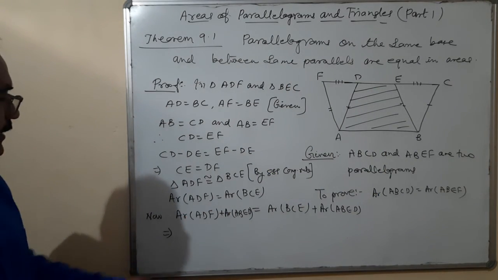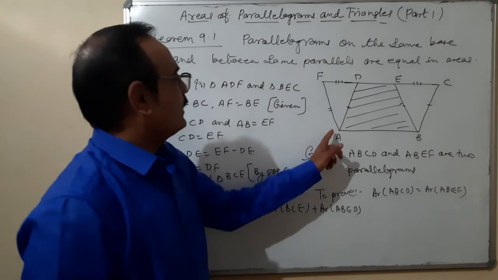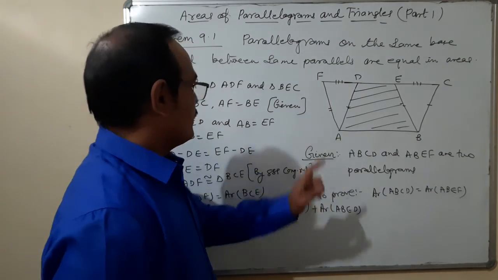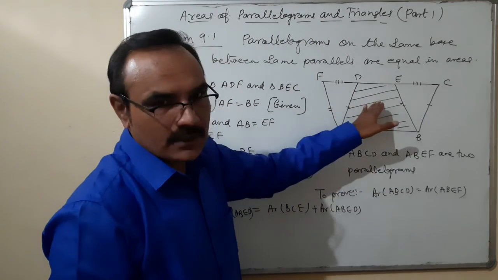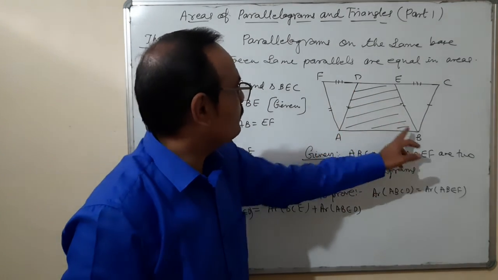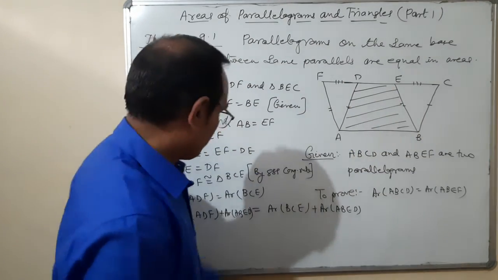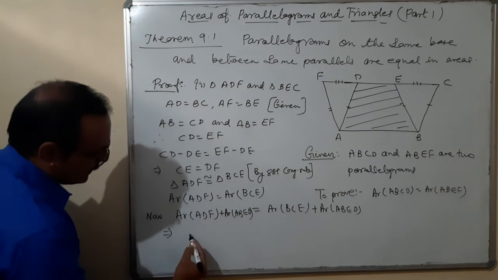On the left hand side, area of ADF plus area of ABED. If we combine both the areas, then the total area is ABEF.